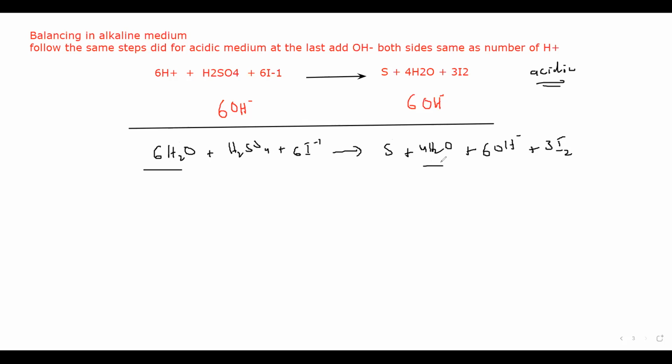You cannot have an equation in which you have a substance as both a reactant and a product. So the side where you have more water molecules, you will move the remaining water molecules there. If these 4 water molecules move to the reactant side, the final equation will have 6 minus 4, that is 2 water molecules, plus H2SO4, 6 iodide ions, going to sulfur plus 6 OH plus 3I2.